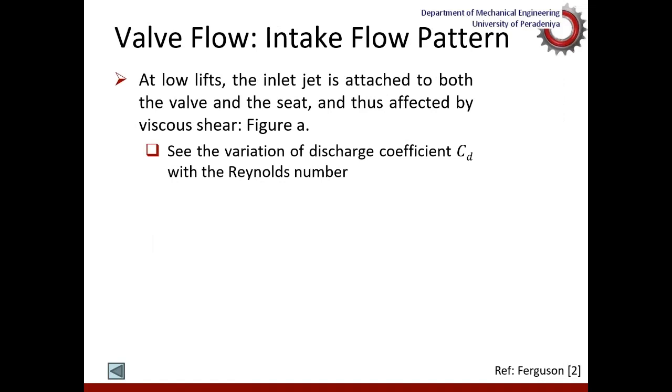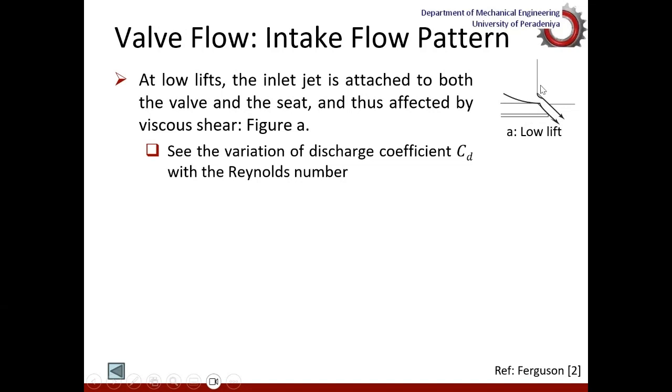Now, if you look at the real flow pattern through the valves, for very low lifts, you can see the inlet jet, the flow jet, is attached to both the valve and the valve seat, and it is affected by the viscous shear. So there's an attachment of the flow onto these surfaces.